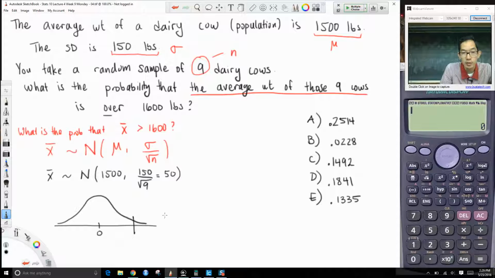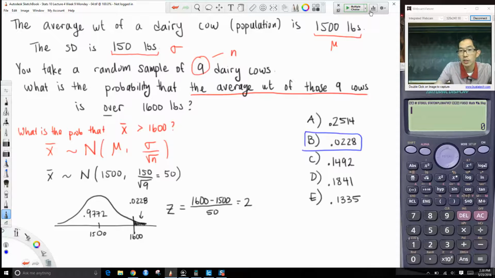If we put 1500 in the middle and 1600 out here, our z-score for 1600 is 1600 minus 1500 divided by 50. We get a z-score of 2. We want to know what's the area out here. Well, this side is 0.9772, so this is going to be 0.0228. Okay, so our answer is B.